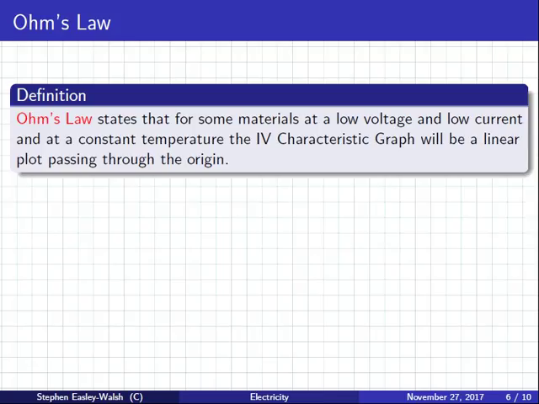But it's only true for some materials, and it's only true at low voltage and low current. So it's not really a super useful law, because it's not even a law that's true everywhere. It's only sometimes true. But this is technically Ohm's law.